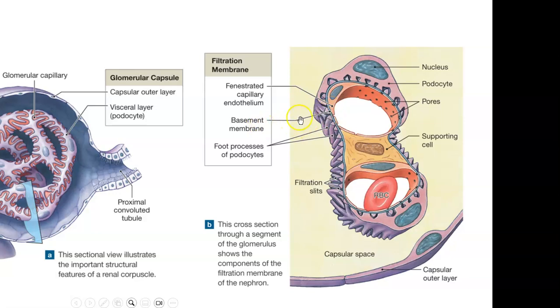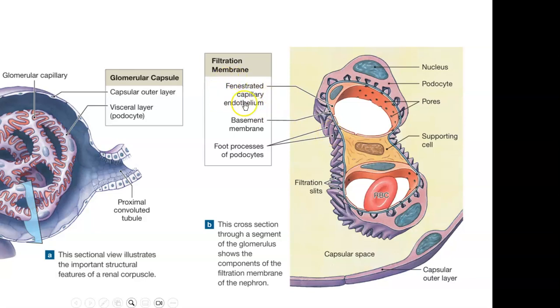There's also a basement membrane attached to the portion of the Bowman's capsule or glomerular capsule. So there's two basement membranes, and then there's also the visceral peritoneum, which is formed around the blood vessels. That's part of the glomerular capsule itself. So you have three portions of the membrane.